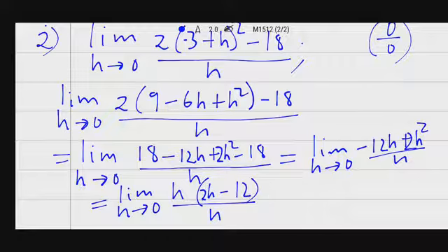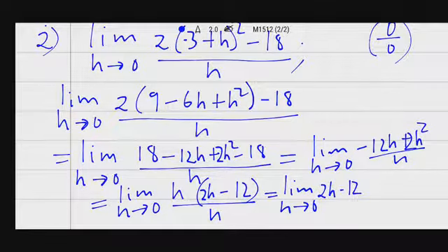And the h cancels. Now you're left with the limit as h goes to 0 of 2h minus 12. Now you are ready to substitute. You plug in h to be 0, you are left with minus 12.